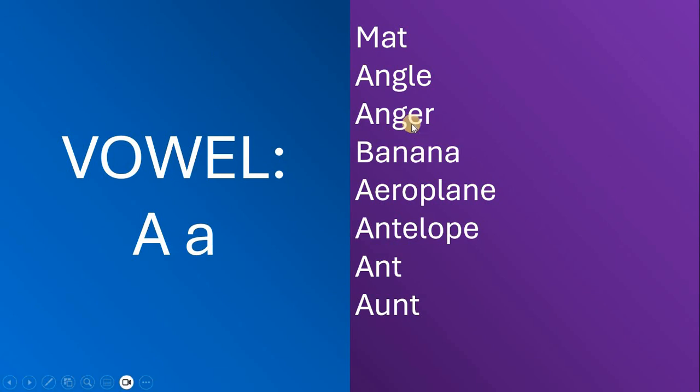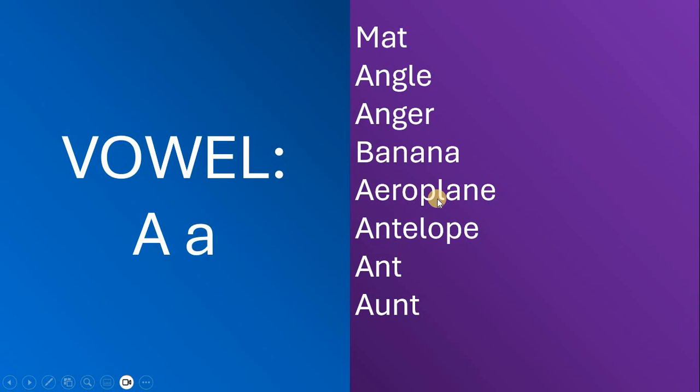Then we have anger. When somebody does something bad to you and then you are annoyed, that is called anger. Then you have banana. Banana, that is eatable. It is a fruit. It is a food stuff. Then most commonly known is the yellow banana.